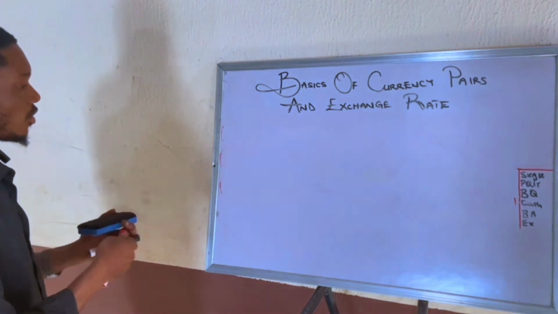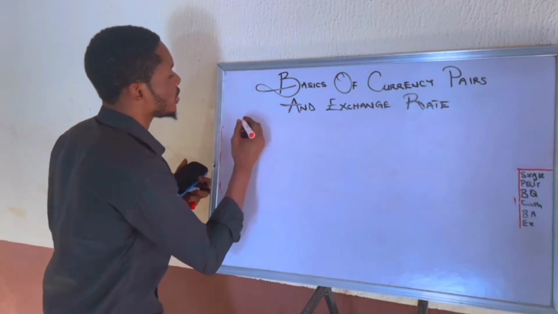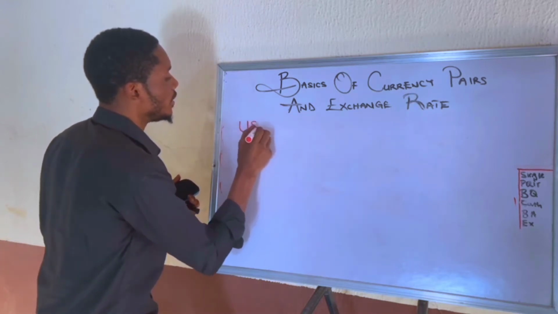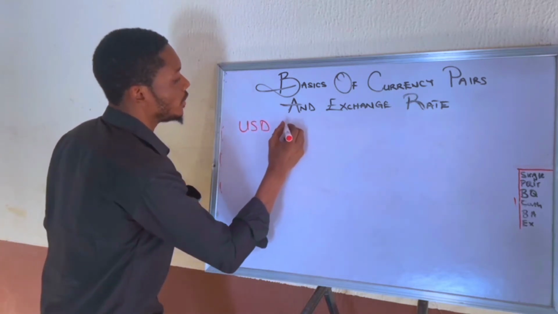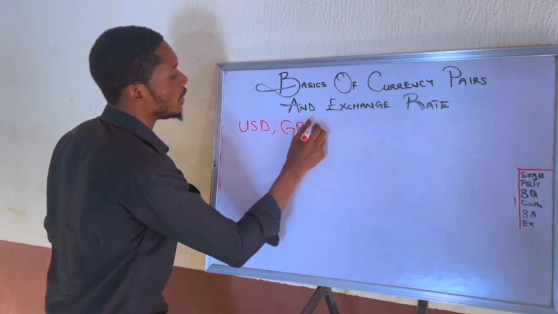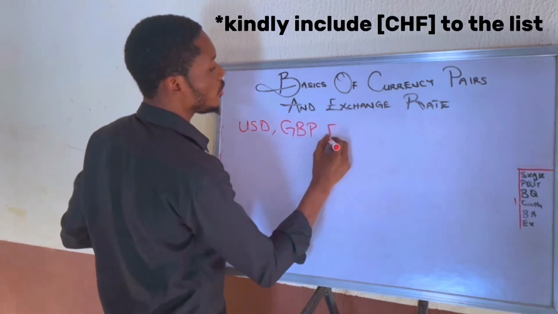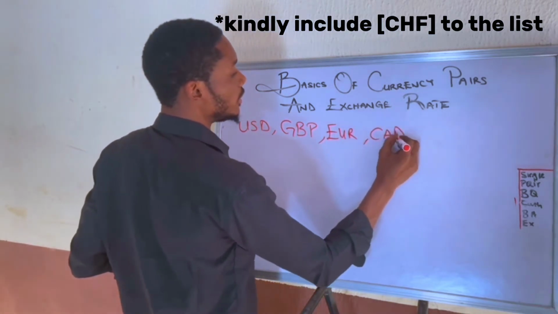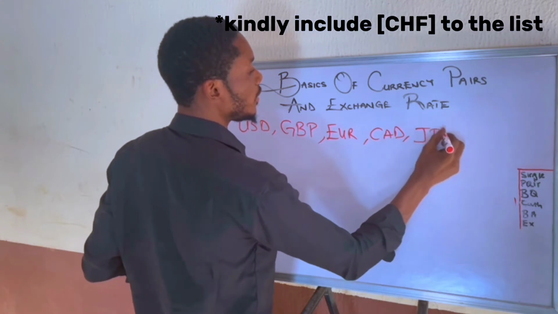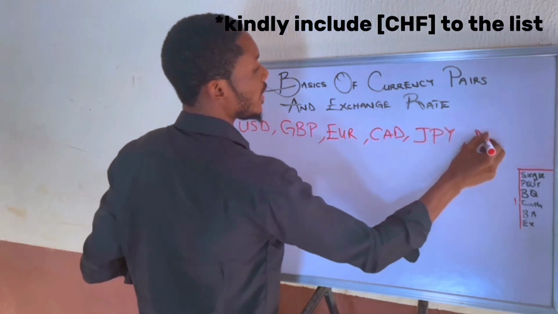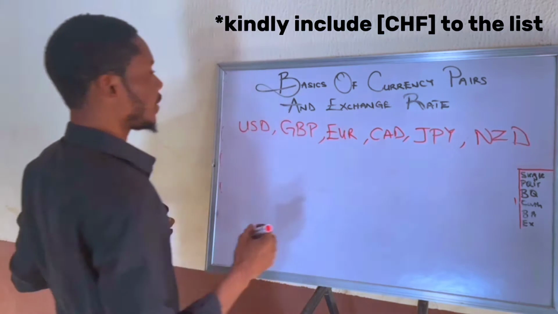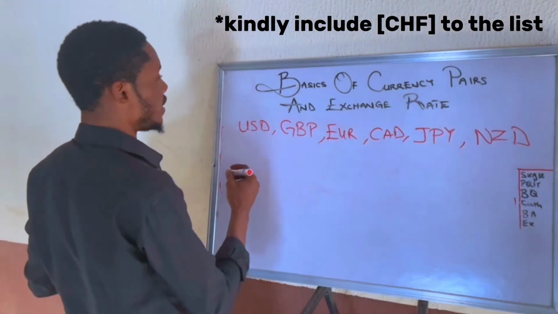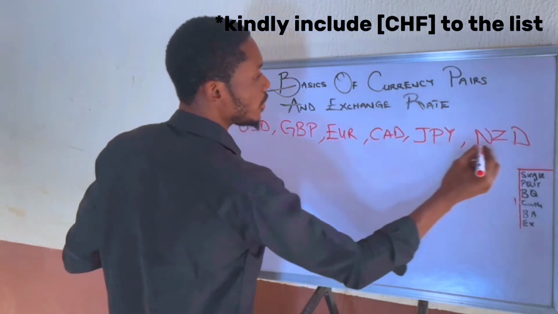So let's list out the country currencies we're working with in Forex. Typically, we have the USD, we have the GBP, we have the EUR, we have the CAD, we have the JPY, we have NZD, and we have AUD.